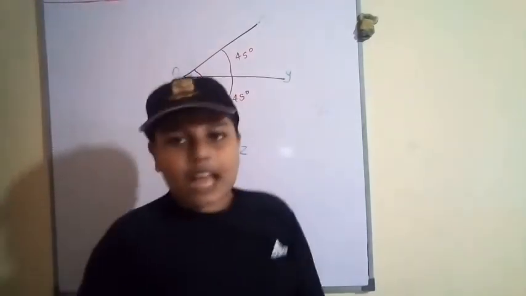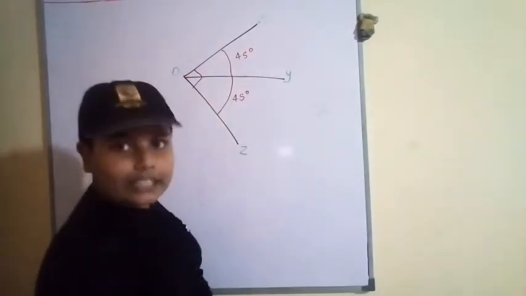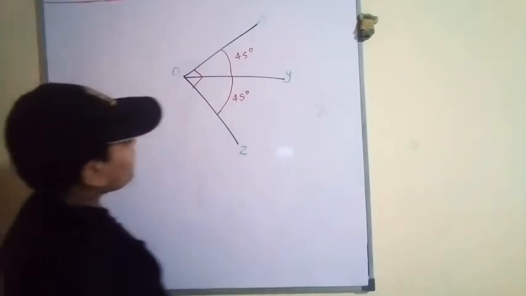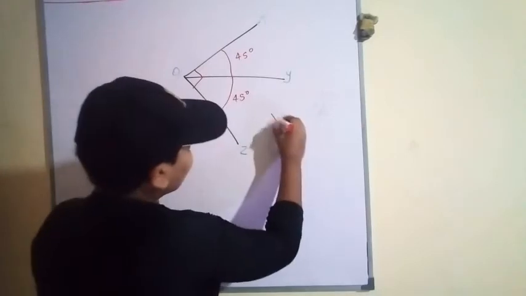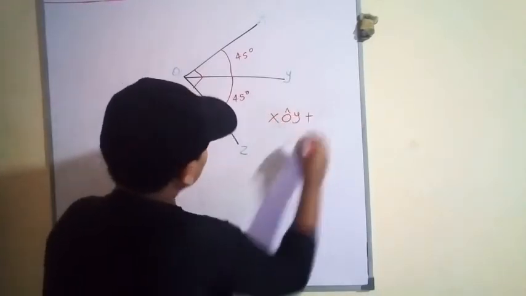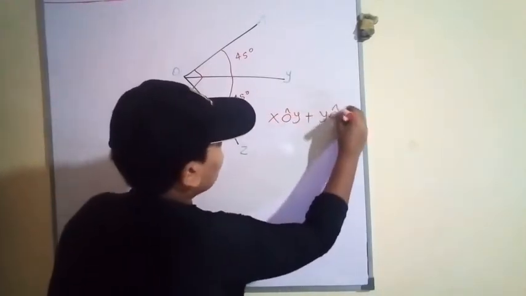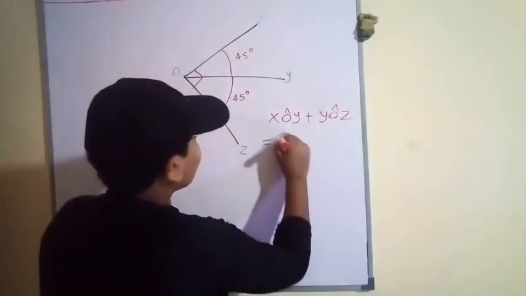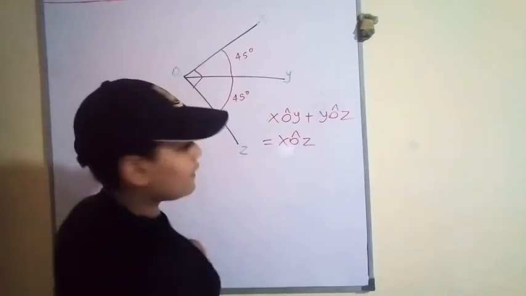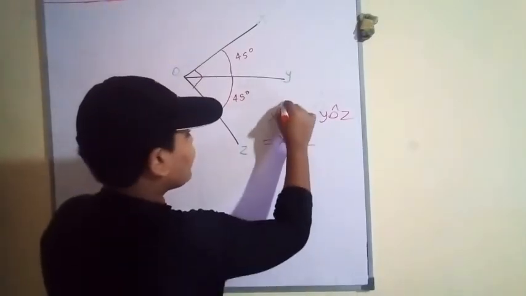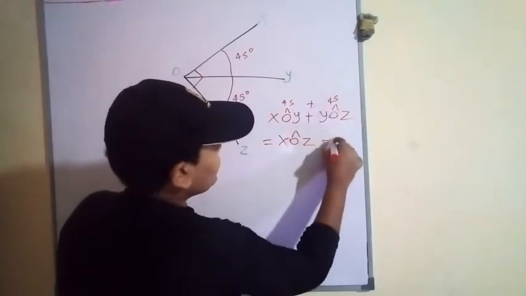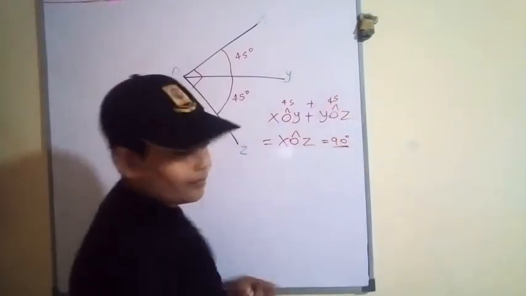Now you have an exam. You are given a question like this: find the two pairs of complementary angles. Now how can I get X or Y plus Y or Z? Because O is the vertex, you have the answer X or Z. Now X or Y is 45 plus Y or Z is 45, so X or Z is 90 degrees, right?